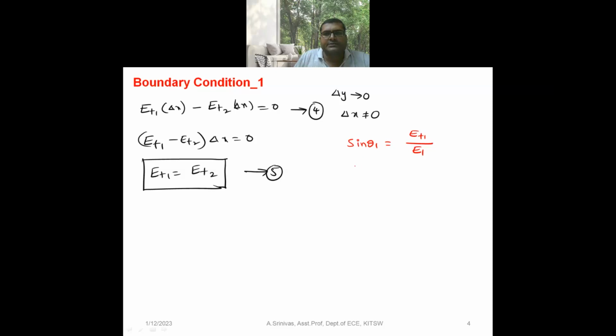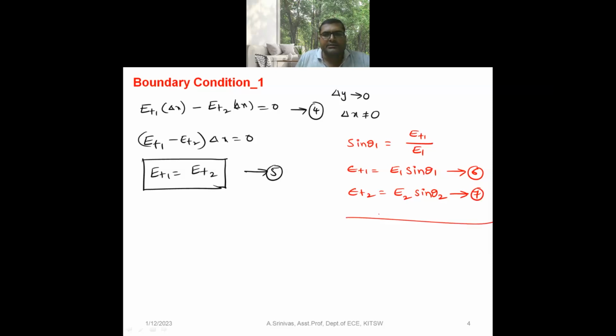It is equivalent to Et1 is equal to E1 sine theta 1. Let it be equation 6. And similarly, Et2 is equal to E2 sine theta 2. Equation 7.